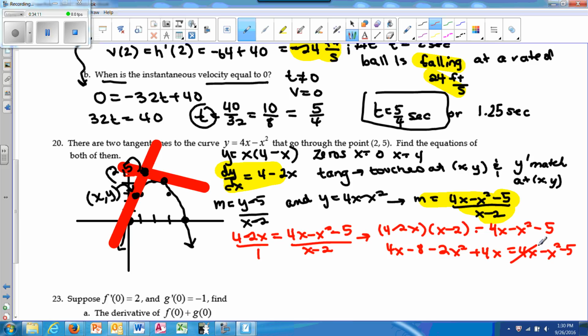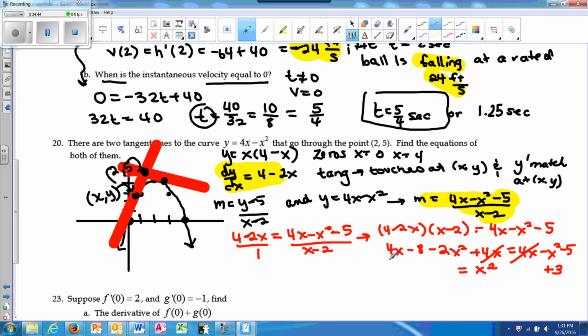So 4 minus 2x has to equal (4x minus x squared minus 5) over x minus 2. Now cross multiplying, we're going to get (4 minus 2x) times (x minus 2) equals 4x minus x squared minus 5.